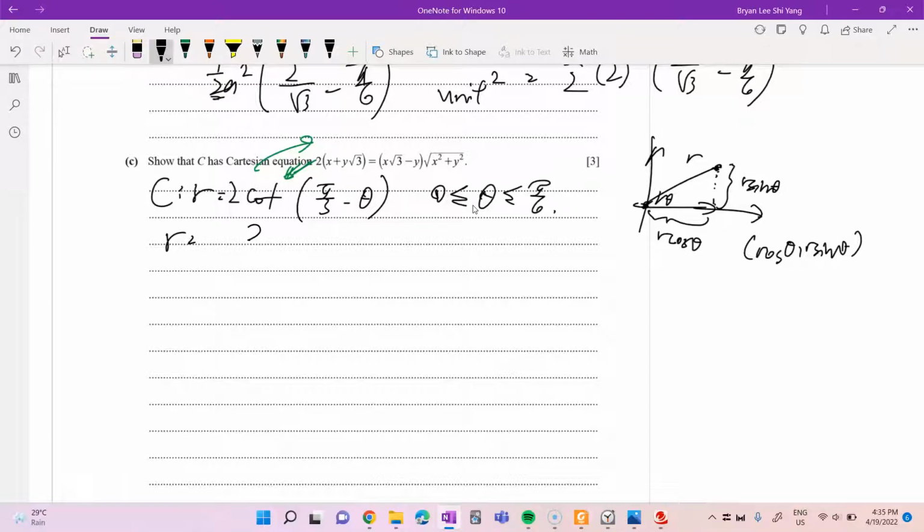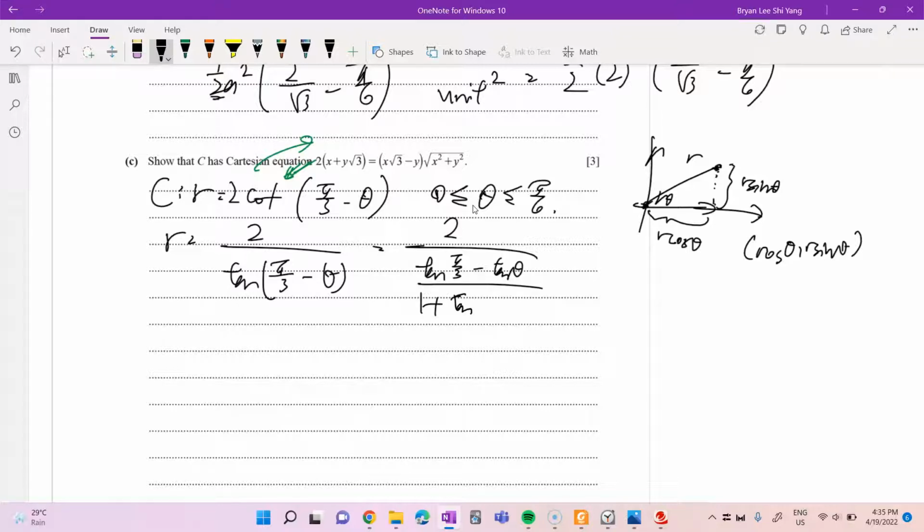So r equals 2 cotangent of pi over 3 minus theta, equals 2 over tan of pi over 3 minus theta, which is 2 times 1 plus tan of pi over 3 tan theta over root 3 minus tan theta.